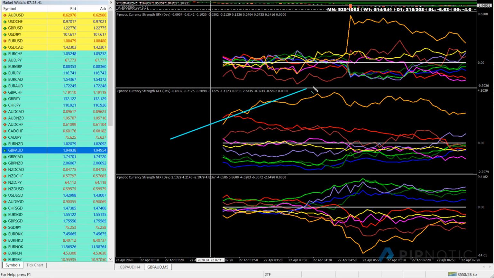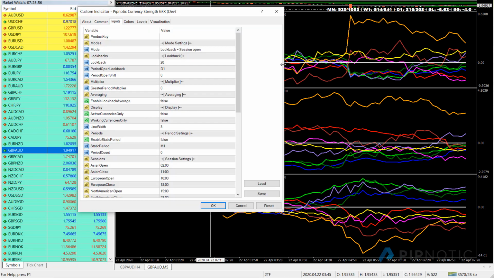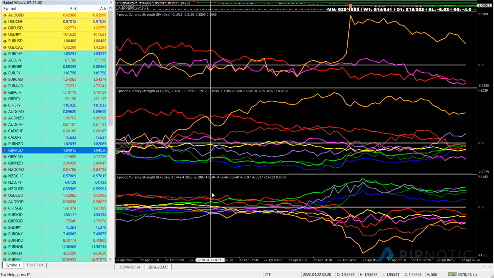So we have the divergence, or actually we just have, let me do this quickly. I wonder if I go like this. Okay, so if we look at this one here, we have the Australian dollar strong, British pound, Canadian dollar pretty weak to negative, and our price pushed up very, very high.